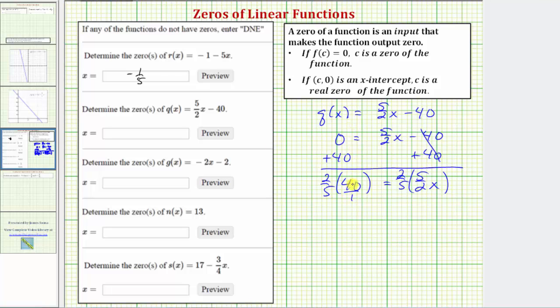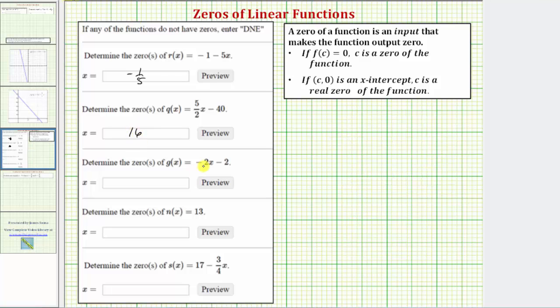Now before multiplying, we'll simplify. 5 and 40 share a common factor of 5. There's one 5 in 5, and eight 5s in 40. So now the left side is just 2 times 8, which is 16. On the right side, 2/5 times 5/2 is equal to 1, because these are reciprocals. 1 times x is x, and therefore the zero of q of x is x equals 16.